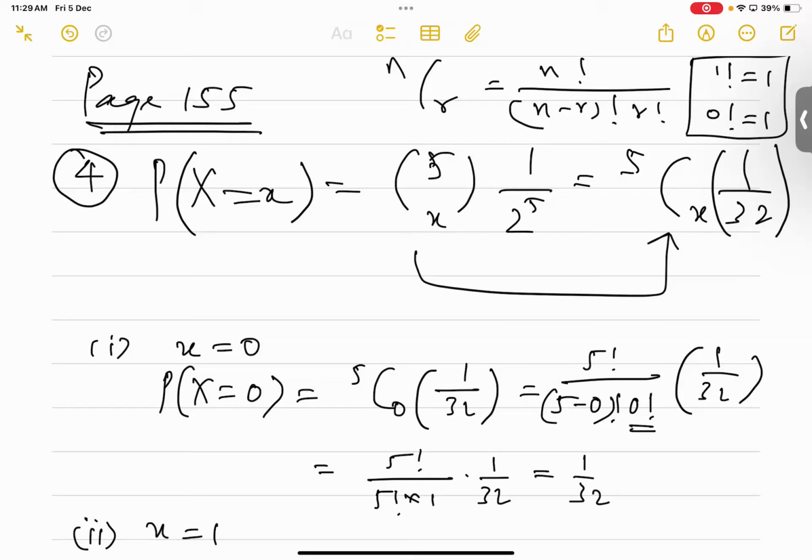For that, you need to read the question clearly. Yesterday I did this. Number greater than 4.